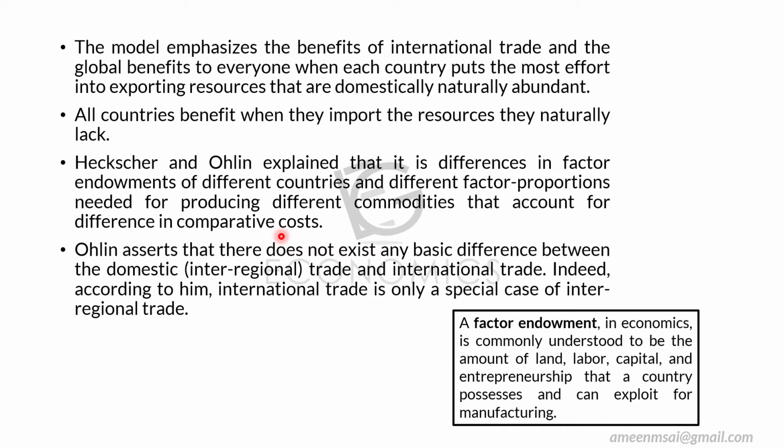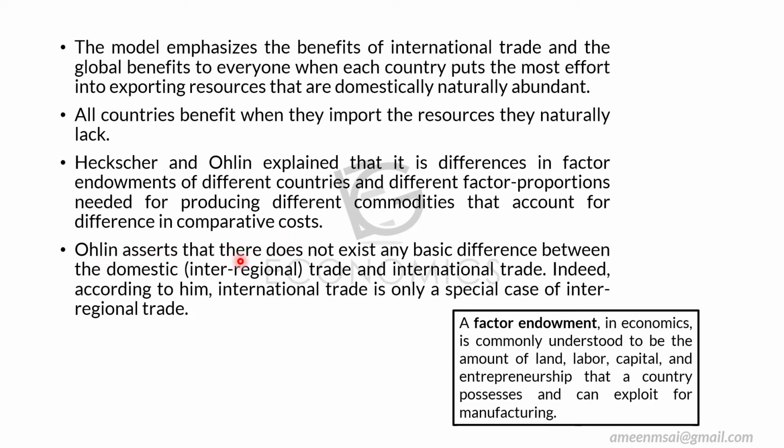In some countries we have more capital, in some countries more labor, and in some countries more land, and in that way the factor endowment is different in different countries, and also different factor proportions are needed. Because of a difference in factor endowments, the factor proportions that we use for producing a particular good are also different from one country to another.